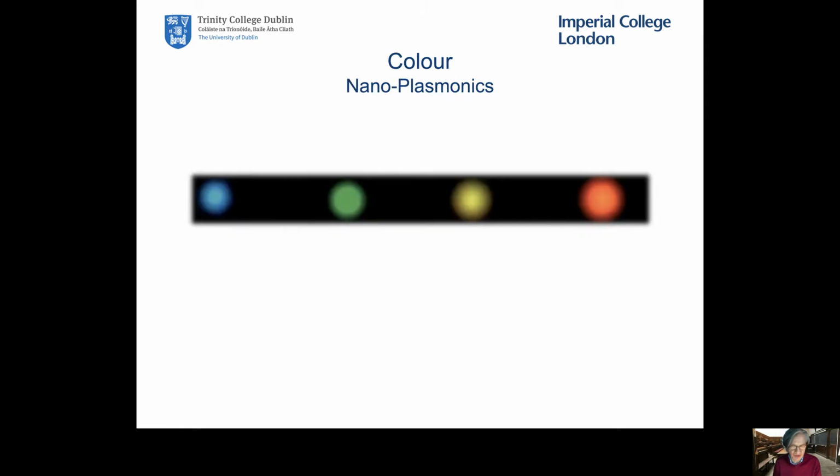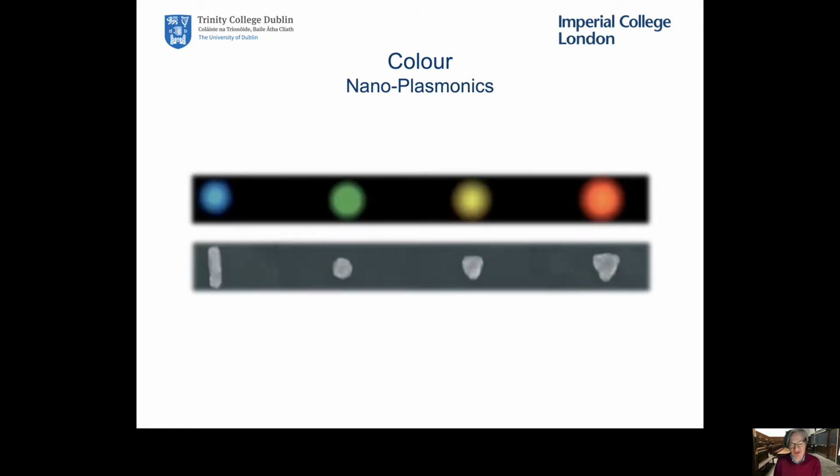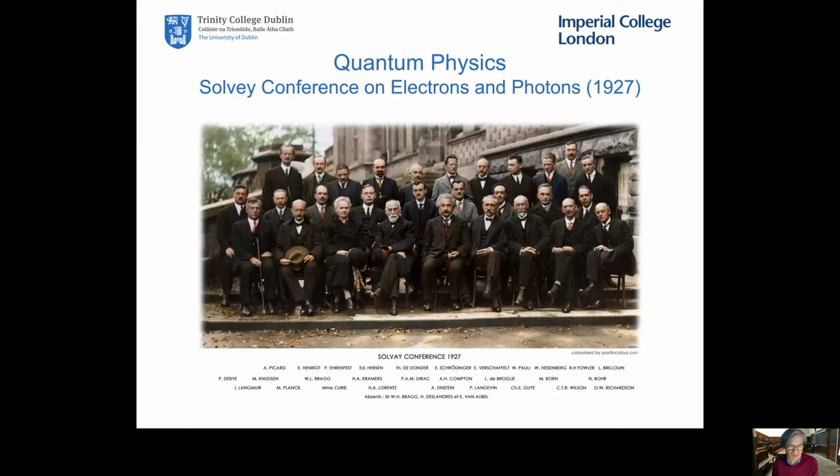You can also, by changing the shape and the size of these nanoparticles, change the frequency by which they interact. So it's a kind of size design of how the response of these materials works. Designing them appropriately allows us to change the way that light interacts, to harness these quantum effects.